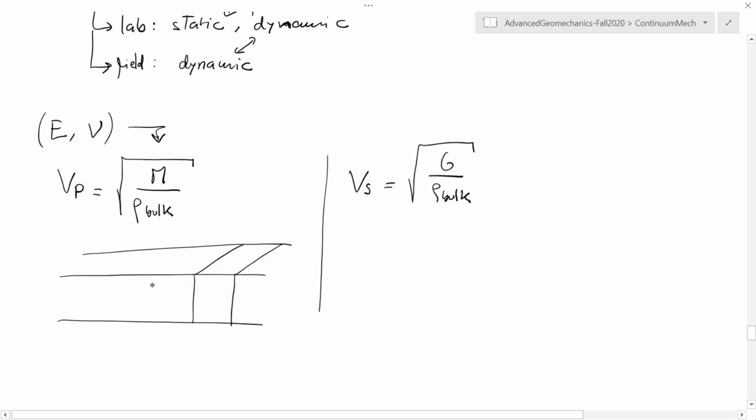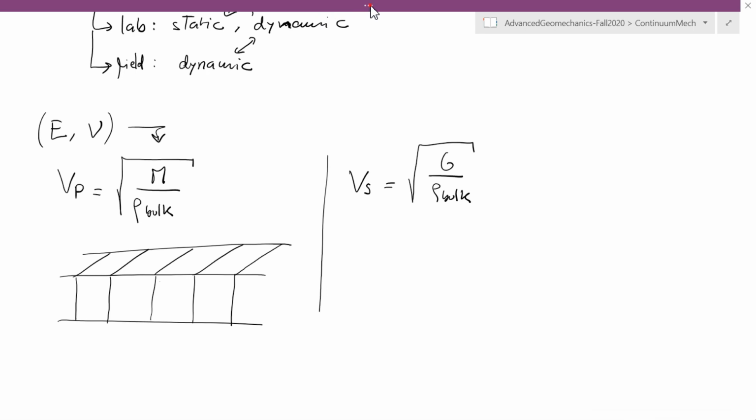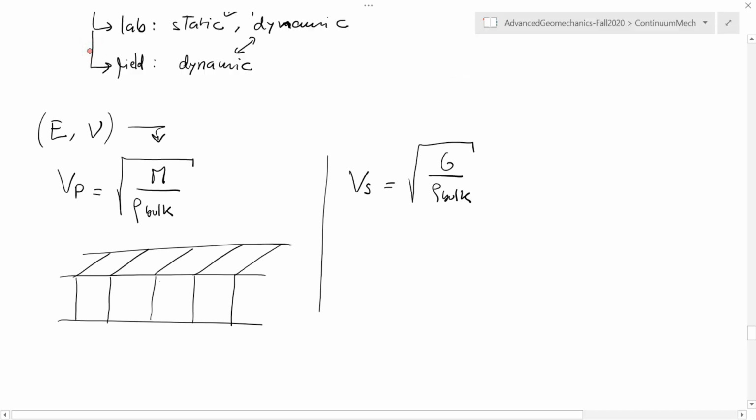So let's imagine a three-dimensional solid from which we're just looking at, you could call it, a bar within a three-dimensional solid. Then as a result of a P wave passing by, what we're going to have is just compression in one direction.